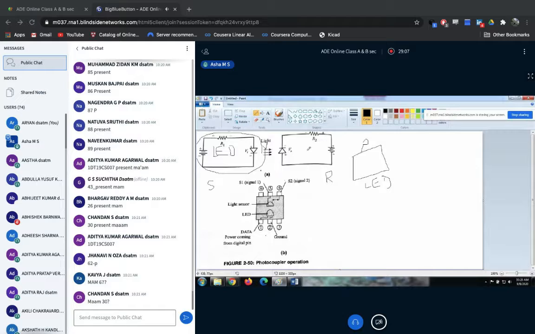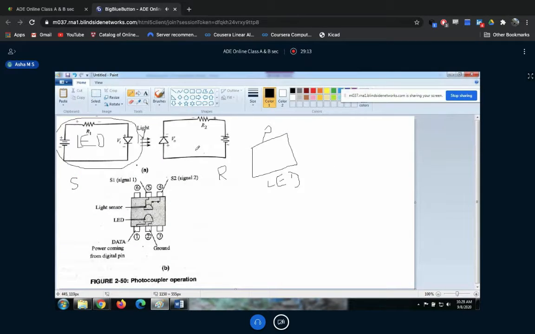For the destination, because light is emitted, correct, that light this circuit should receive. So we are going to make use of photodiode, photoconductors, photoresistors. Basically these are photo sensor devices. They are going to detect the presence of light. So how do you get light?